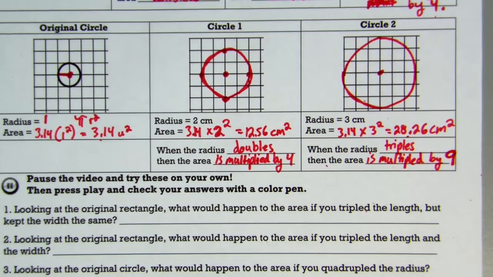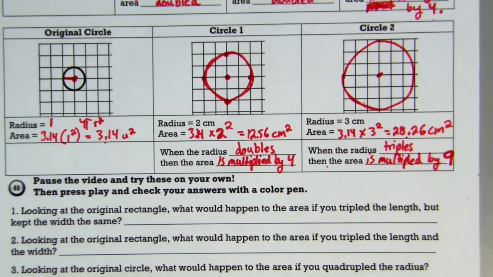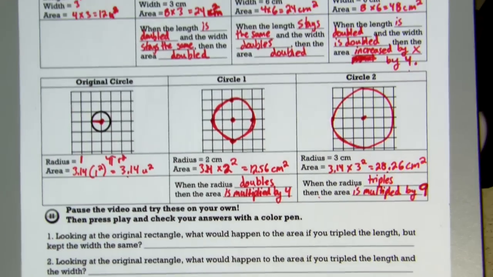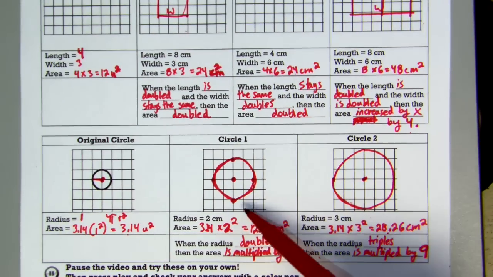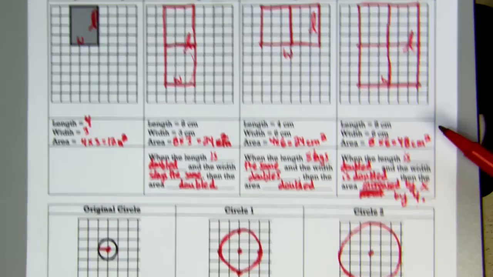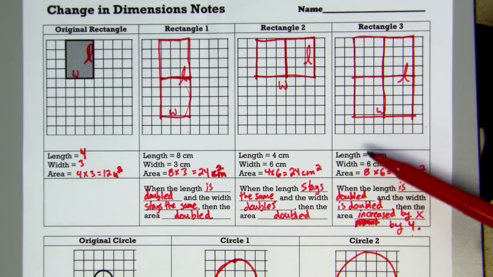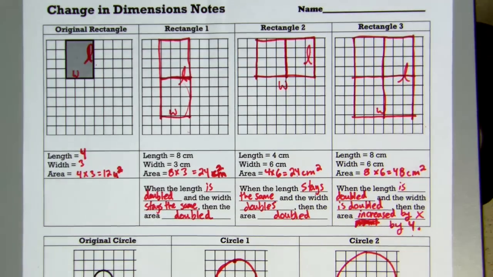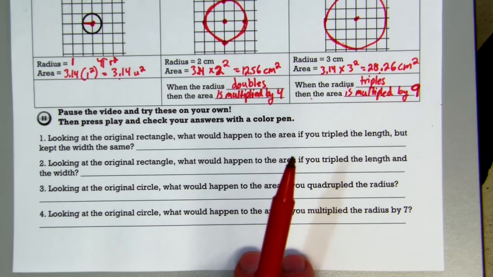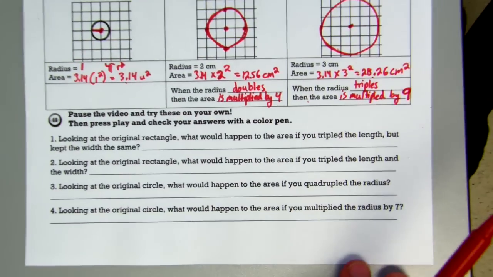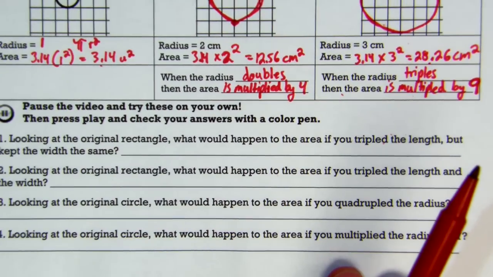Okay. So using these rules, using this information that we just came up with about our circles and what happens to the radius, and our rectangles, what happens with the length and the width and the area, I need you to go ahead and answer the following 4 questions. Number 1, look at the original rectangle.